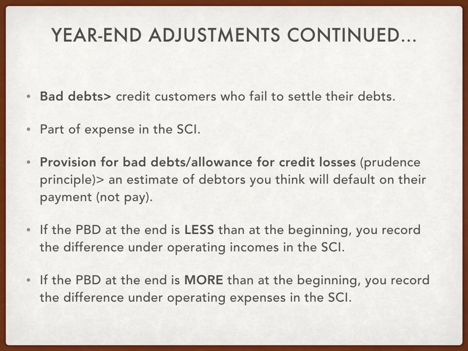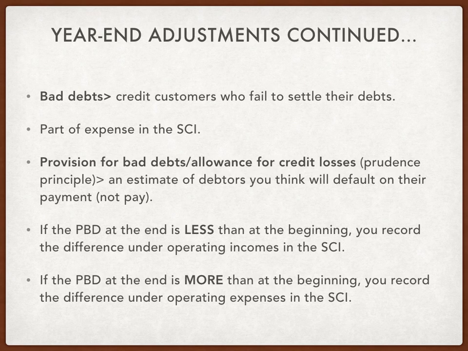If the provision for bad debts at the end of the current financial year is less than what you had at the beginning, so this means at the end you have less and at the beginning you had more, meaning you had anticipated to lose more. So you'll record the difference in your operating income in the statement of comprehensive income, because the people who you thought will never pay were less at the end than at the beginning of the year.